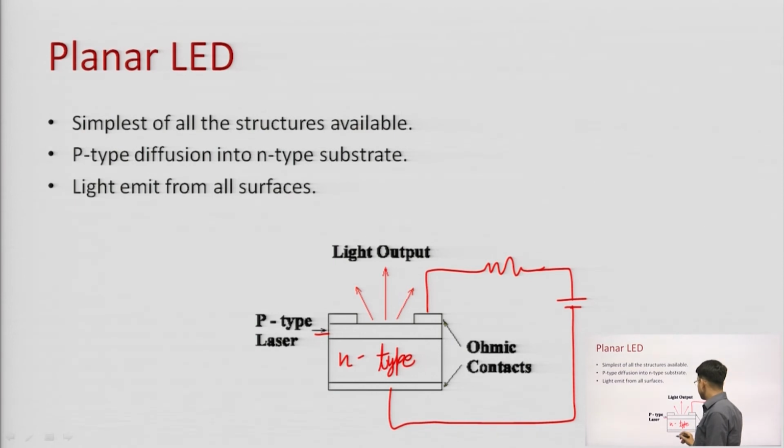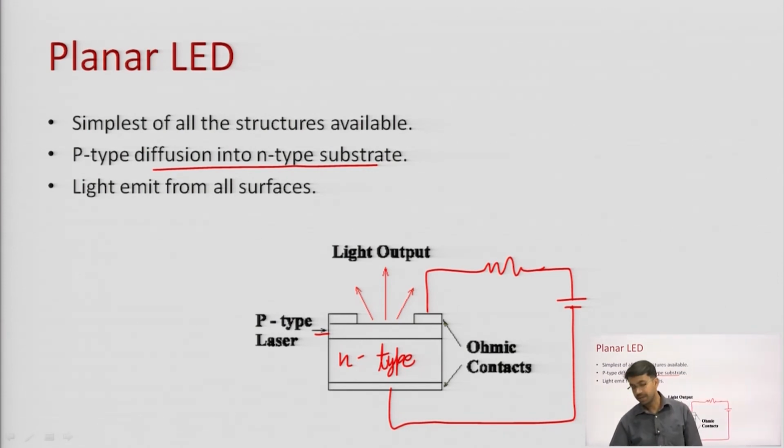Okay. So light will come out from this side. So P type diffusion into N type substrate, light emits from all the surface. So this is the simplest LED, planar LED, not normally used these days.